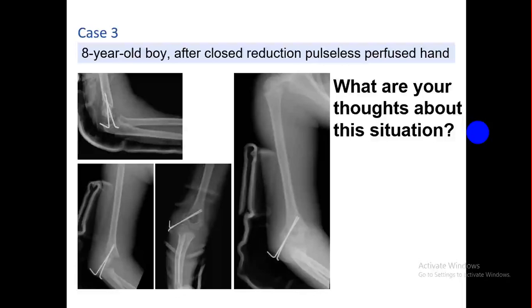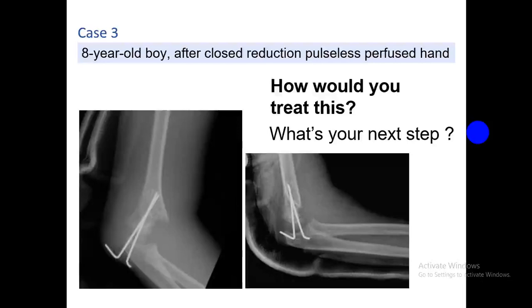Call the vascular surgeons. The vascular surgeons go and request angiographies and Doppler ultrasounds. And then at the end of the day, the collateral circulation takes over, and this limb survives. Sometimes we make a fuss about this pulseless hand, but so long as it is well perfused, don't make a fuss about it, because this is what was done.